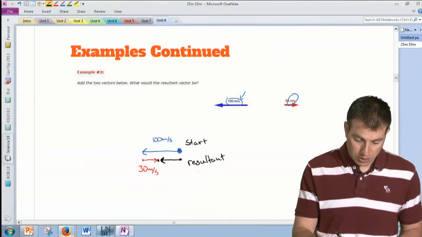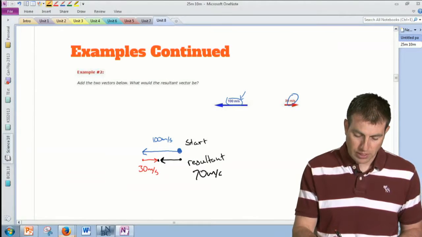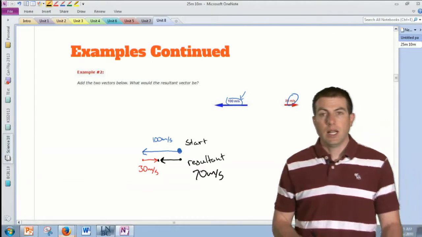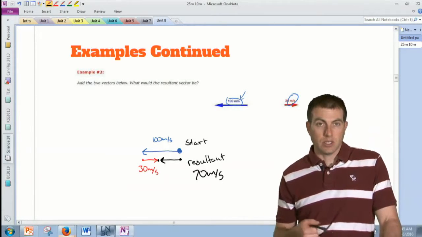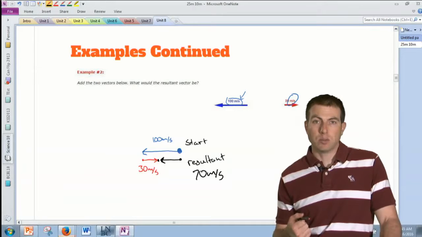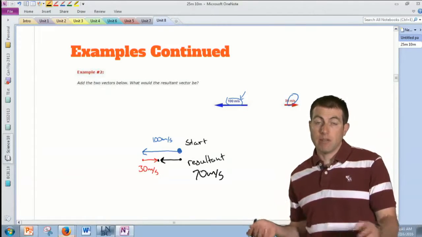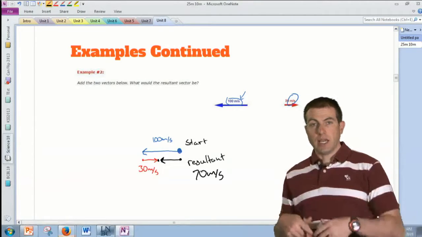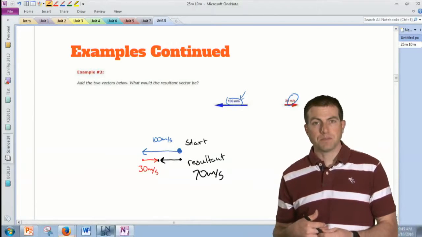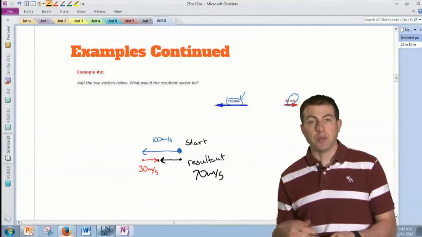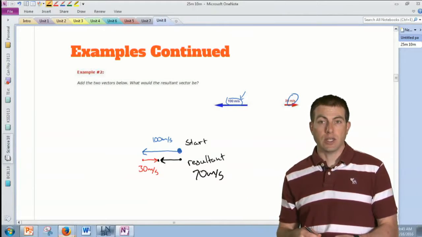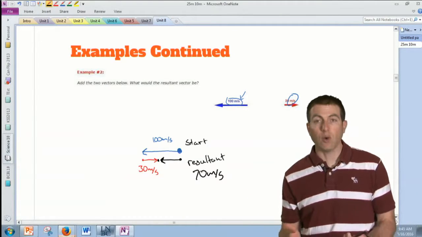So we have the resultant. Our resultant is going to be 70 meters every second. And then we want to be specific as to which direction the black arrow is pointing. So is that 70 to the right, the left, up, down, forwards, backwards, north, south, east, west? We want to be really specific as to which direction the arrow's going.